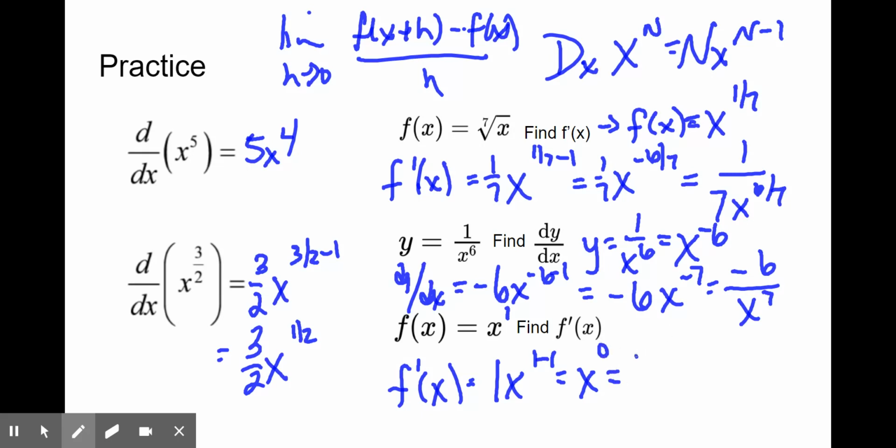But x to the 0 is 1. In some cases, you do have some teachers say that there's another rule, but really it's just a power rule problem. But that rule would say the derivative of x itself is equal to 1. The derivative of x is 1. Okay, let's keep going.